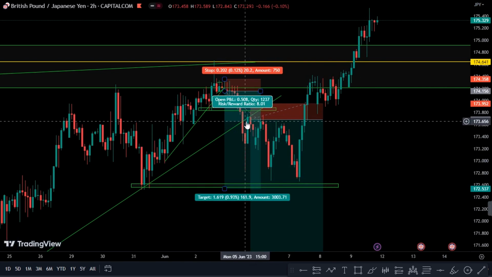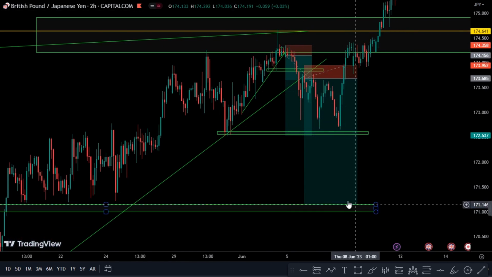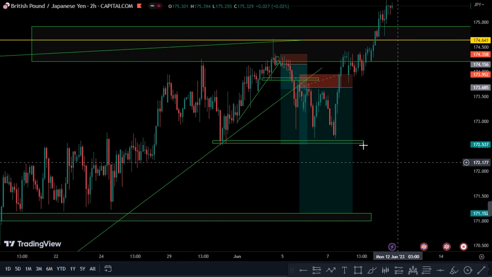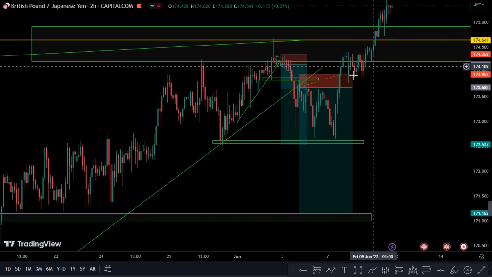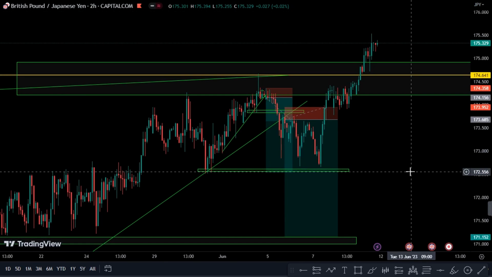After the break of this trend line, I was anticipating a push all the way to this point at least, but as you can see, the market ended up reversing. But luckily enough, I had closed everything on my account. I didn't become greedy, so I took the profit that the market gave me, and then I forged ahead.